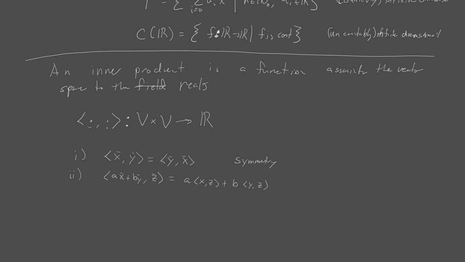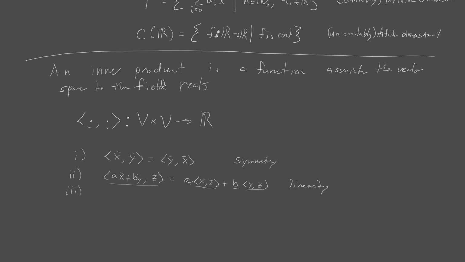So a and b are scalars. So this is a number times the result of the inner product, which is a number. So this gives me another number, as it should, because the inner products, remember, always give you a number or a scalar from the field back out. So this is linearity. I've only written down linearity in the first input, but by symmetry, you get linearity in the second input as well.